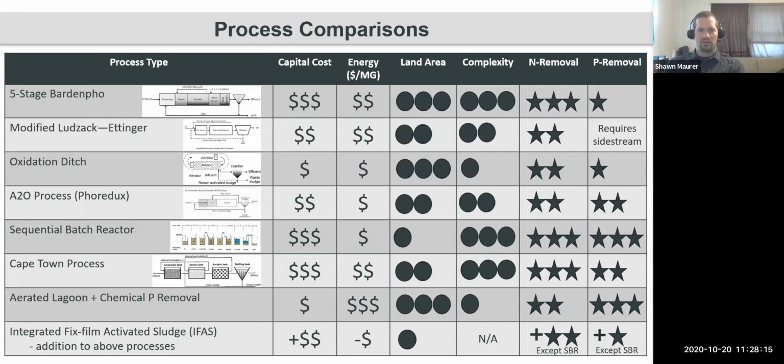In order to modify that MLE process to handle phosphorus, you can add an anaerobic basin, which is a zero oxygen environment. I know we just had a question come in about the difference between an anaerobic and an anoxic zone. The anaerobic zone has no oxygen in it at all, whereas an anoxic zone has a little bit of oxygen addition, but you're mainly relying on oxygen bound to nitrogen molecules, as part of the denitrification process.